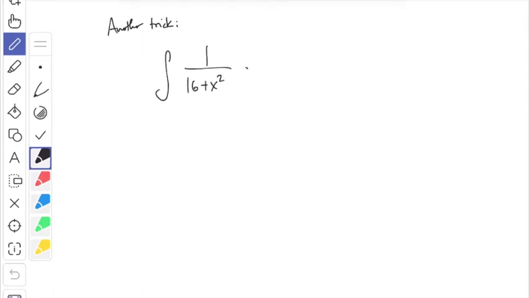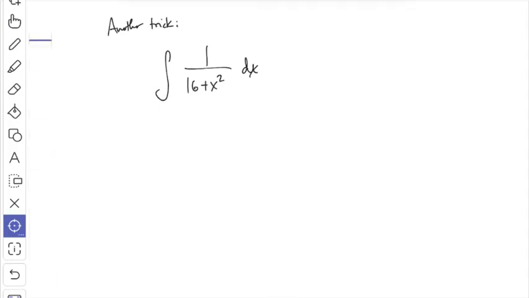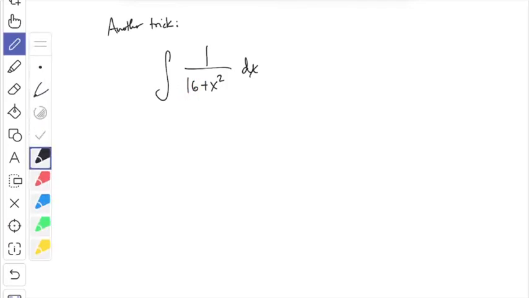What if instead of a 1 down there, it's just some other number? Well, what I mean right here. We would like for this to be a 1, because this one looks like the arctangent formula. Looks like integral 1 over 1 plus x squared equals inverse tan of x, right? But what if it wasn't a 1 there? What if it was just some other number?